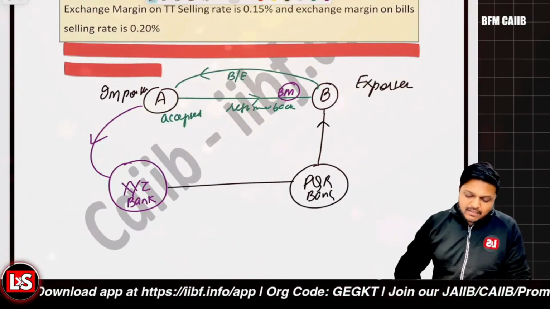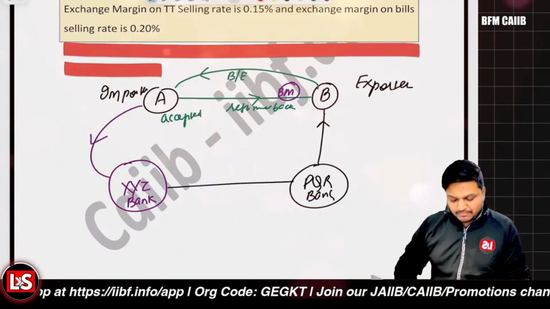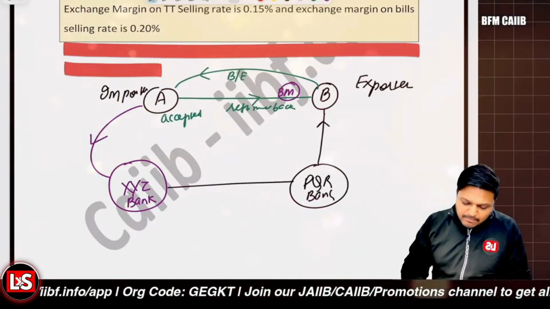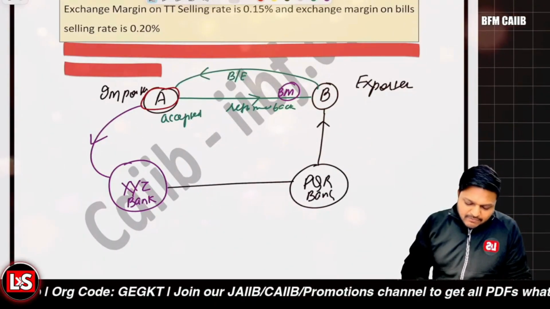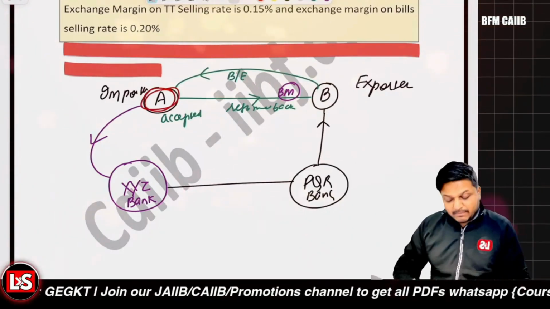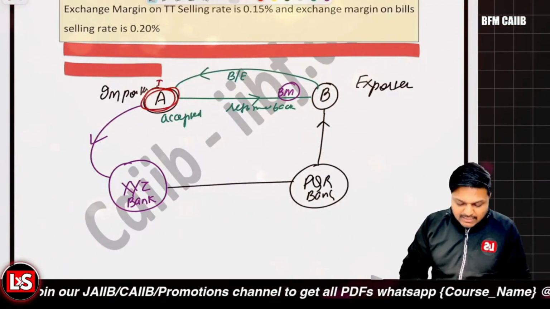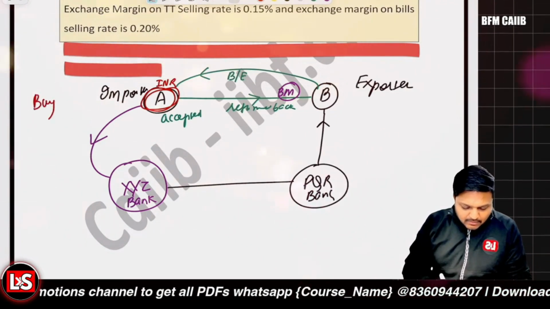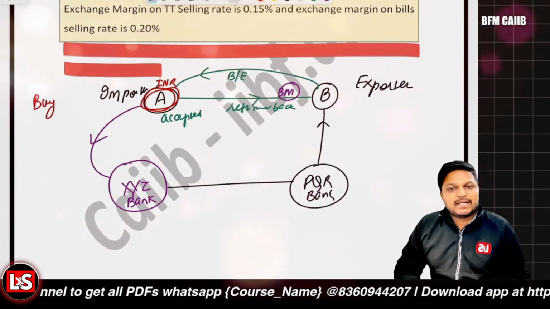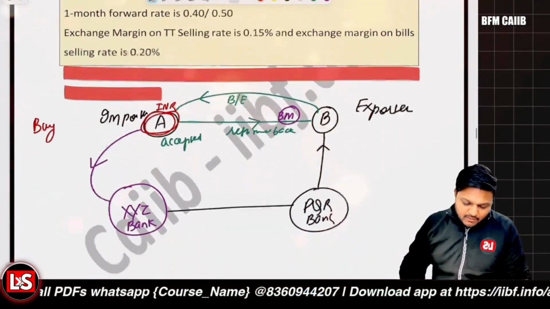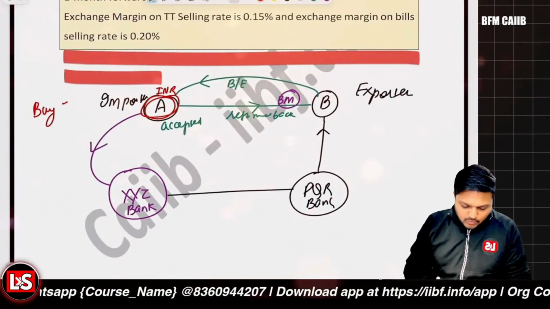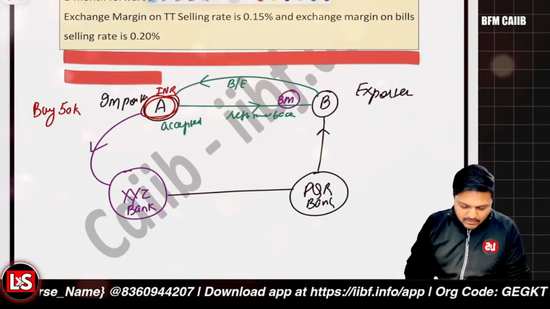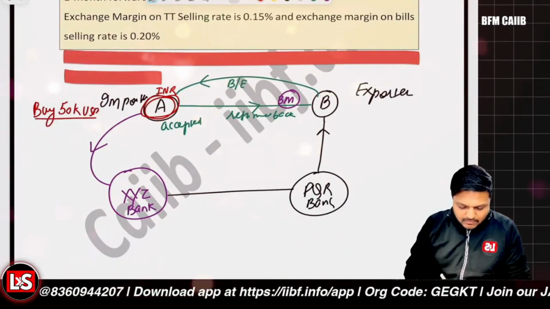But if we look deep inside the transaction, person A is the importer who does not have foreign currency but has INR. He wants to buy the foreign currency. In this scenario, he is to buy 50,000 USD.